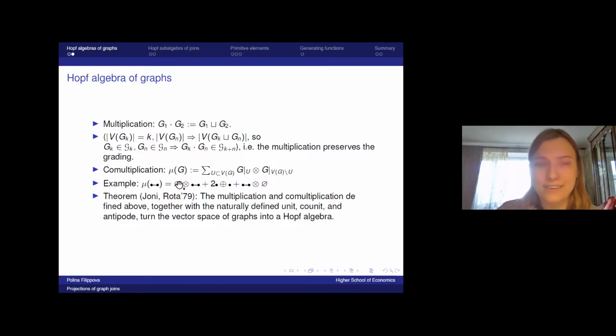We take an empty subset and do a tensor product with the induced graph for the complement. Then we take the first vertex, and the second vertex, but the result is the same. Here, of course, it's also a tensor product.